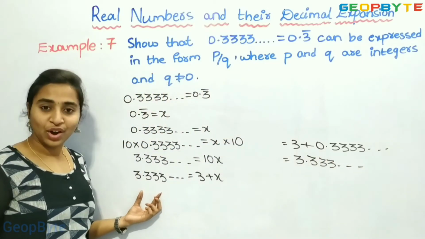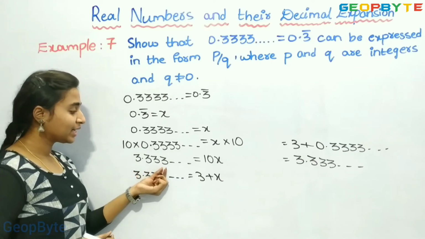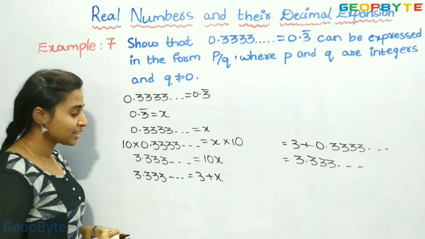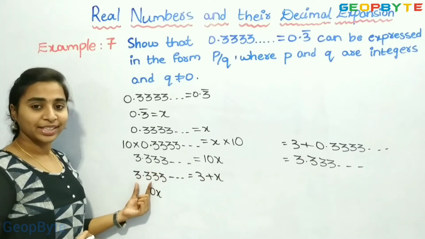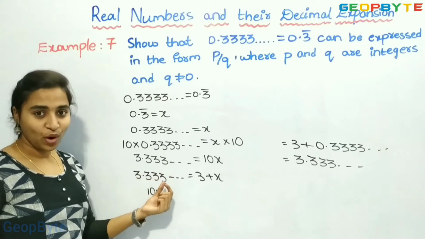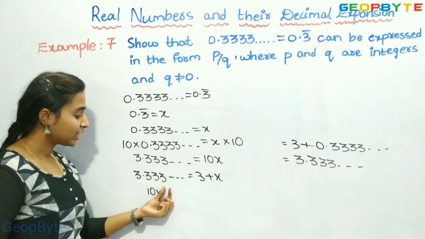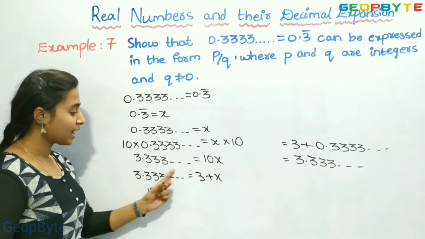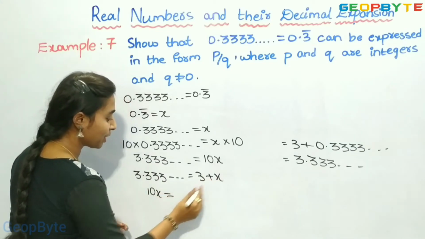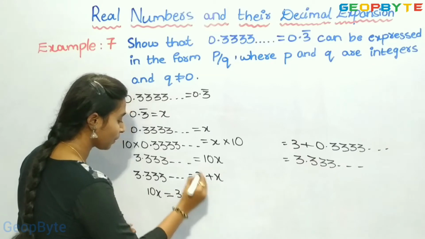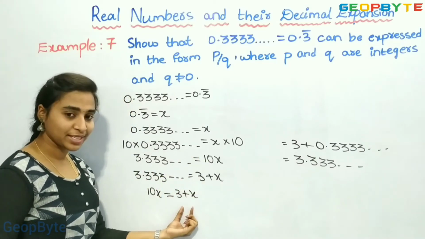So, the same we have got here. Now, we have 3.333 and so on as 10x. So, let us write 10x in the place of 3.333 and so on. Right? I have written 10x in the place of 3.333 and so on, as I have 10x. Now, this is equal to 3 plus x. In the place of this, I have written 10x is equal to 3 plus x.